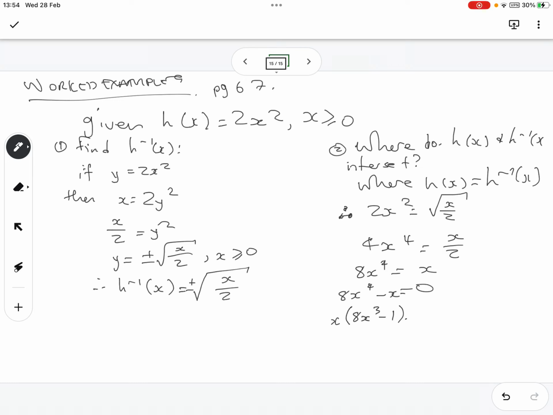Taking out x, we get x times 8x cubed minus 1 equals 0.